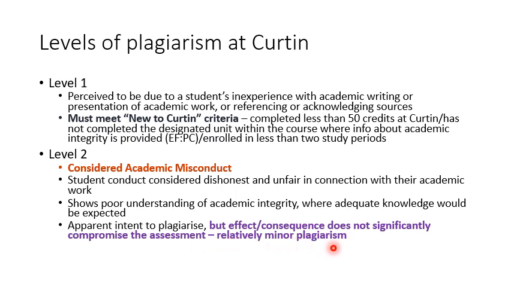So in general, minor plagiarism where the outcome is not as serious, the results of the plagiarism does not affect the work so seriously, we consider that level 2. Okay, so if you do not qualify for new to Curtin, you go to level 2 immediately.